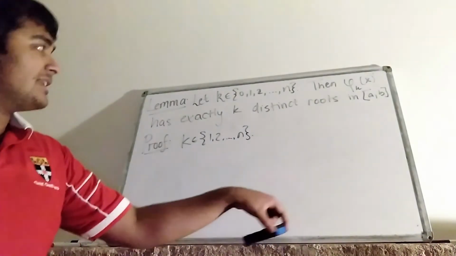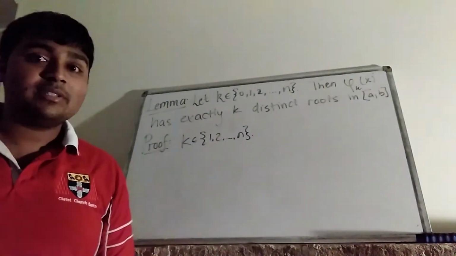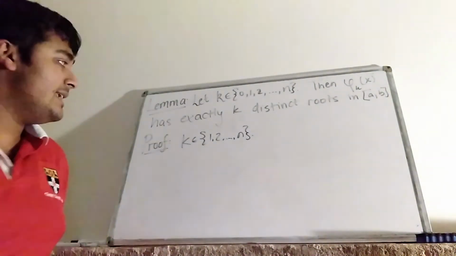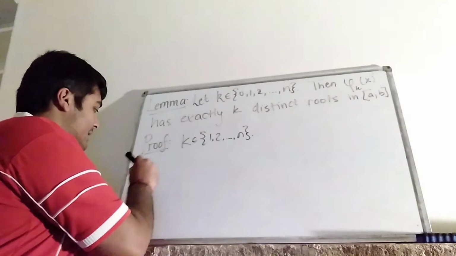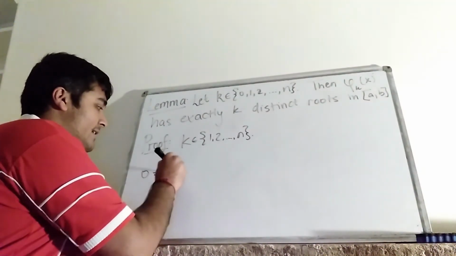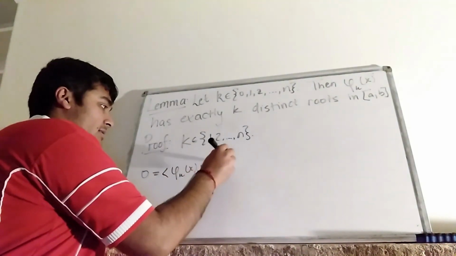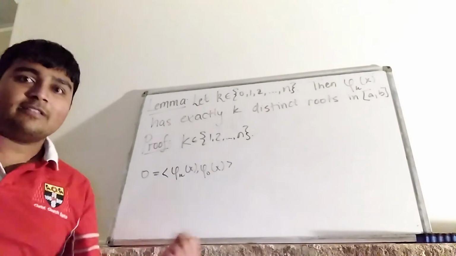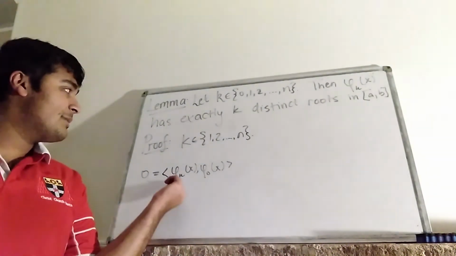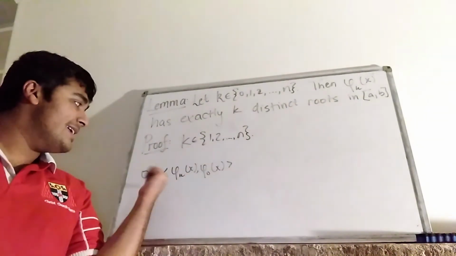Okay, now what we're going to do is, firstly, I claim that there's at least one root in this interval here, and that's not too difficult to see. Remember, if we look at this thing here, 0 is going to be the same thing as the inner product of phi k of x and phi naught of x. The reason for this is, remember, the phi i's form an orthogonal basis, in fact an orthonormal basis, and because k is in 1, 2, all the way up to n, in particular it's not 0, so this thing here is 0.